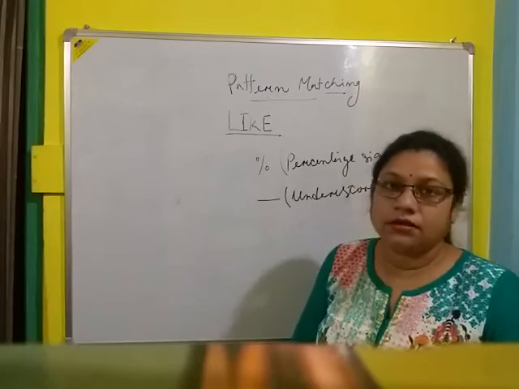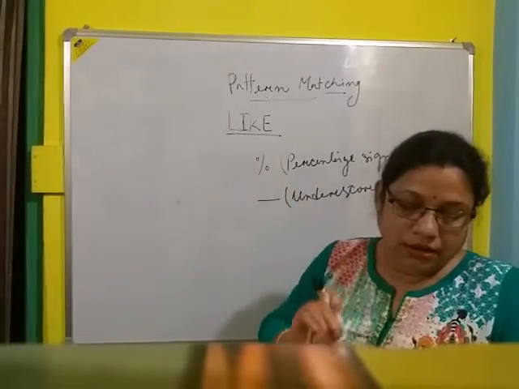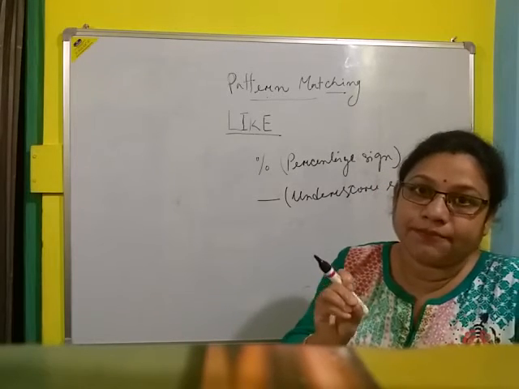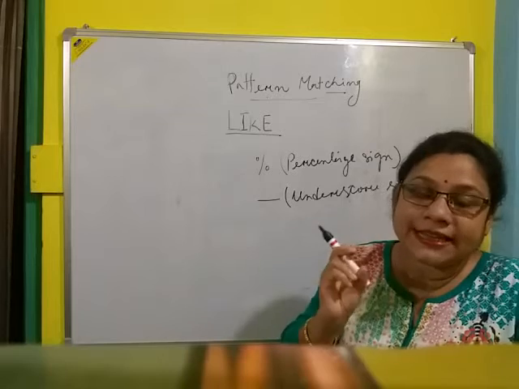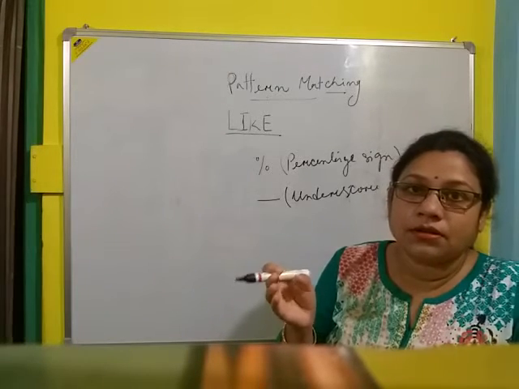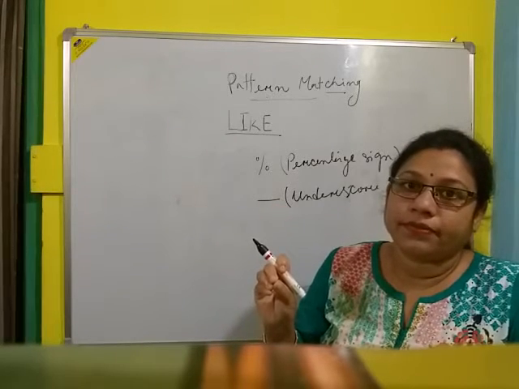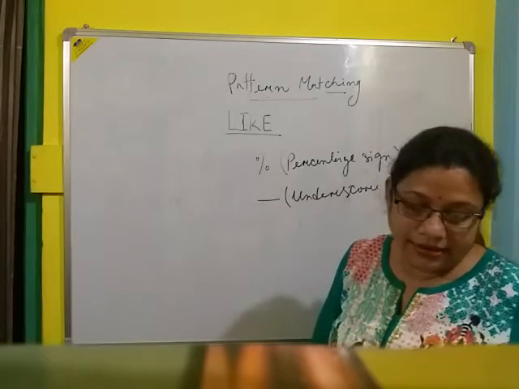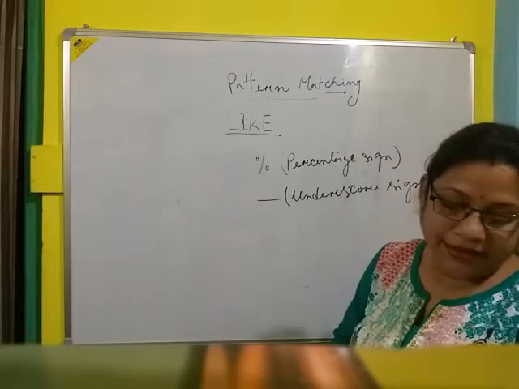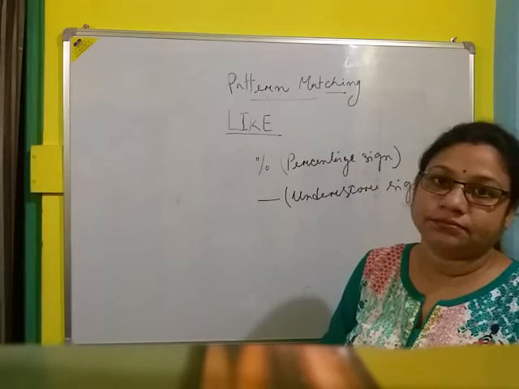That means if you use the percentage symbol, it helps us find characters of any length matching a particular character. And the underscore allows finding a match for any single character.